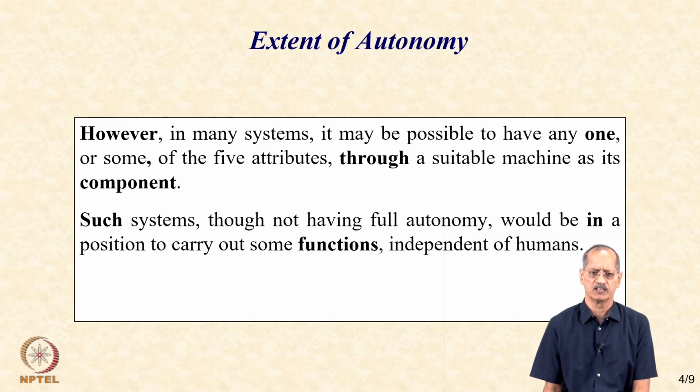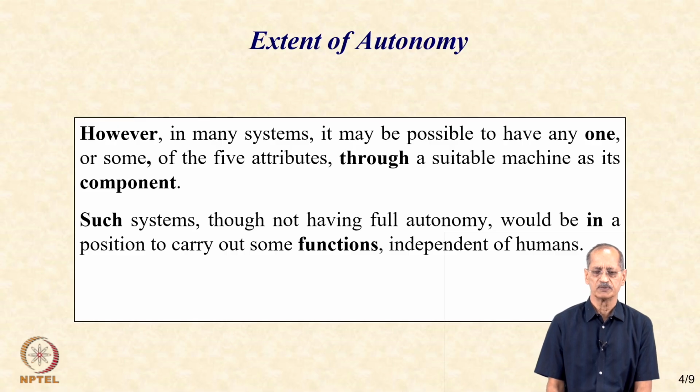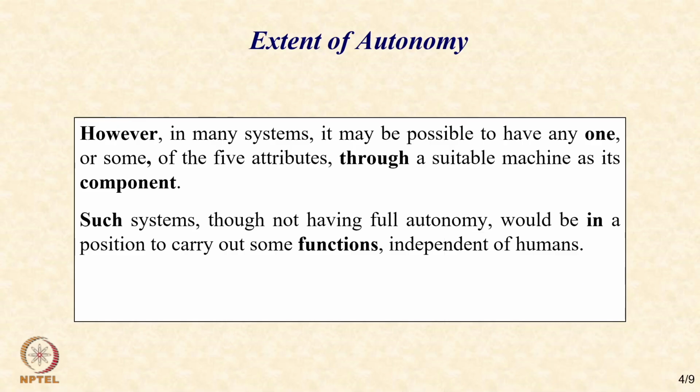The implication of doing such a thing is primarily that there will be some functions which will become independent of humans, and this is how many developments have and will take place in the context of creating autonomous systems, that you provide one functionality in a machine to some extent, keep improving upon it until it reaches the level that you desire, take another functionality and try to replace the humans with the machine, and as you keep doing this in, let us call it a manner of a pyramid, keep building up from bottoms up, towards the end you would have a fully autonomous system whose every functionality would be enabled by a machine.